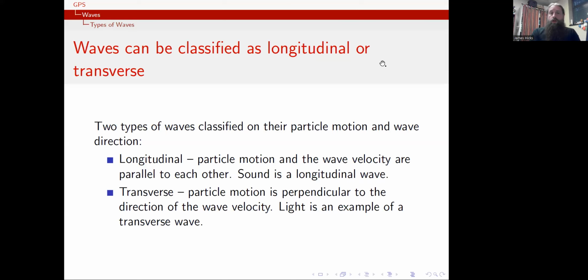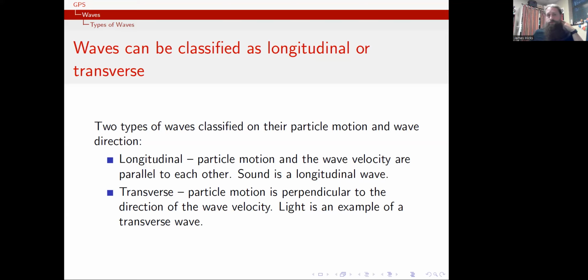For longitudinal waves, the particle motion or the disturbance of the material is in the same direction as the wave. Sound is a longitudinal wave. If I took a slinky, this isn't a slinky, it's a spring, but essentially a slinky, and I stretch this out and send a pulse down it, the pulse is moving left to right, and so is the wave.